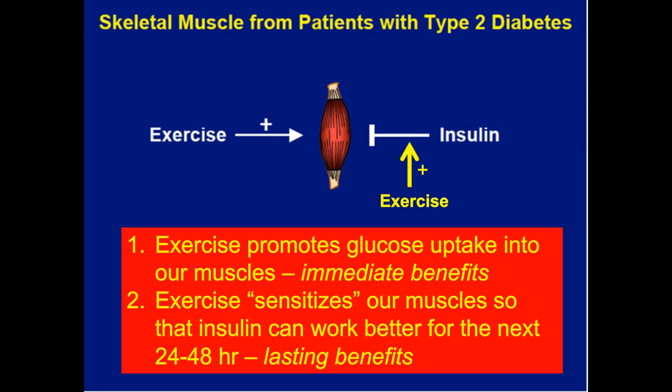And we talk to a lot of the participants in our research studies and we say, it's okay if you don't lose weight because when you exercise today, you're going to get benefits for the next day. So if you've fallen off the wagon and you haven't exercised regularly, you don't have to be demoralized and say, oh, I need to be doing this all the time. Every bout that you do is going to have a beneficial effect.